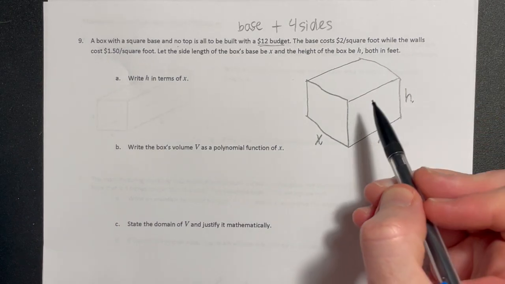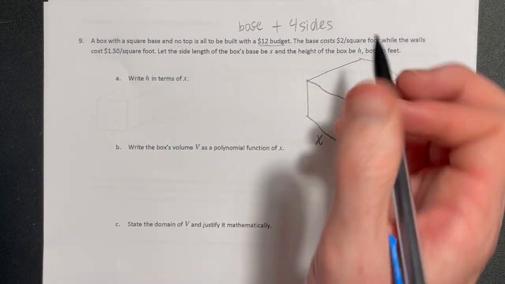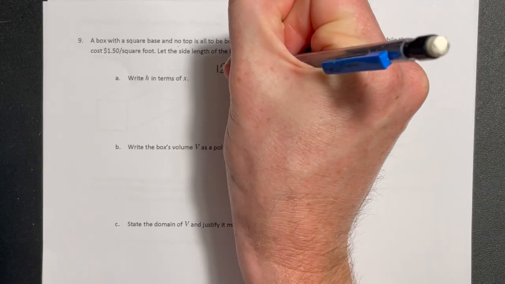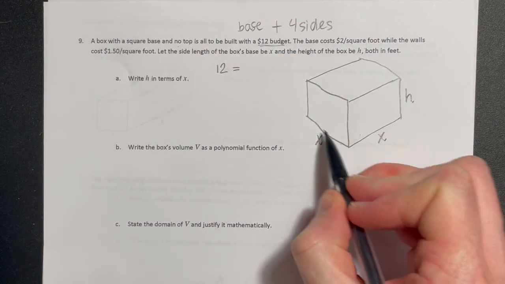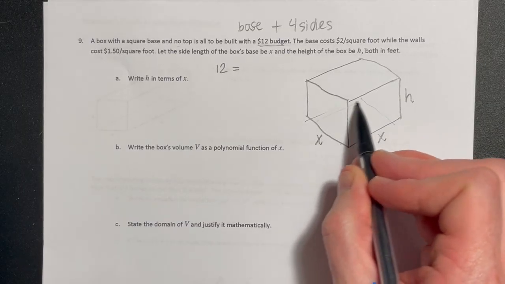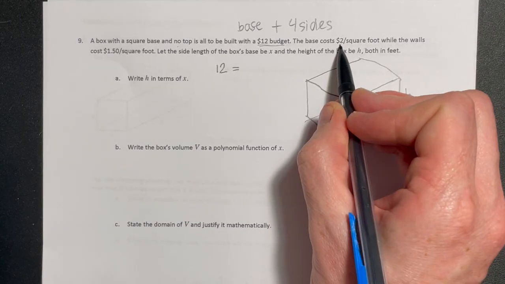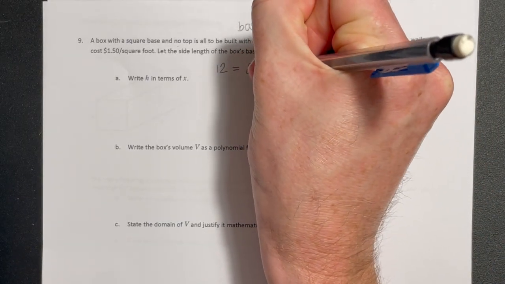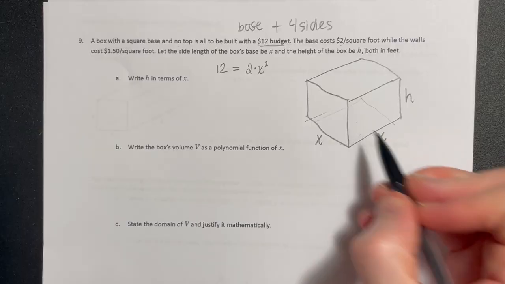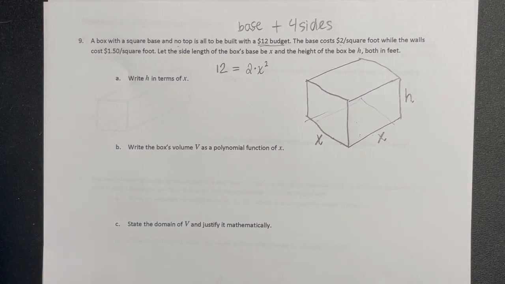So if we look at the budget, making that $12 budget, I have $12 to use to make the base, which is an x by x base. That's $2 a square foot. So it's $2 per square foot, which is going to be x times x. So the area of that base is x squared.